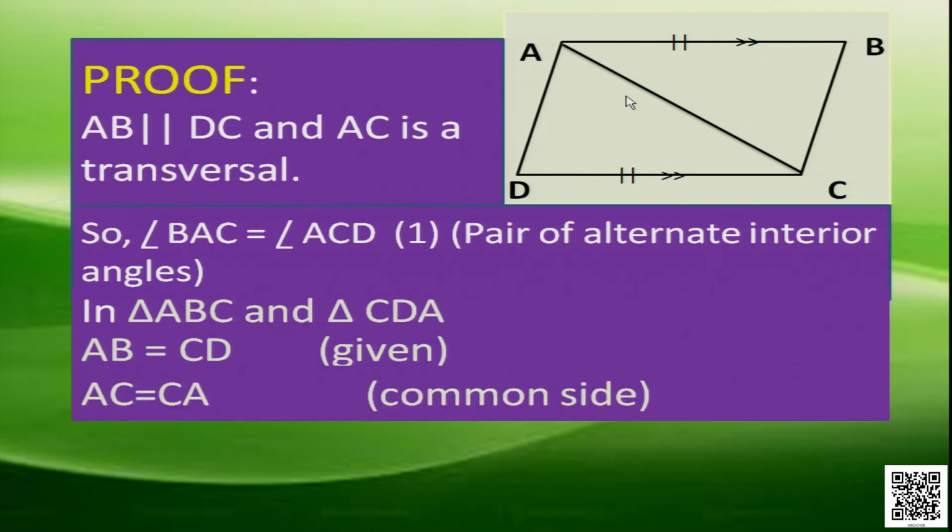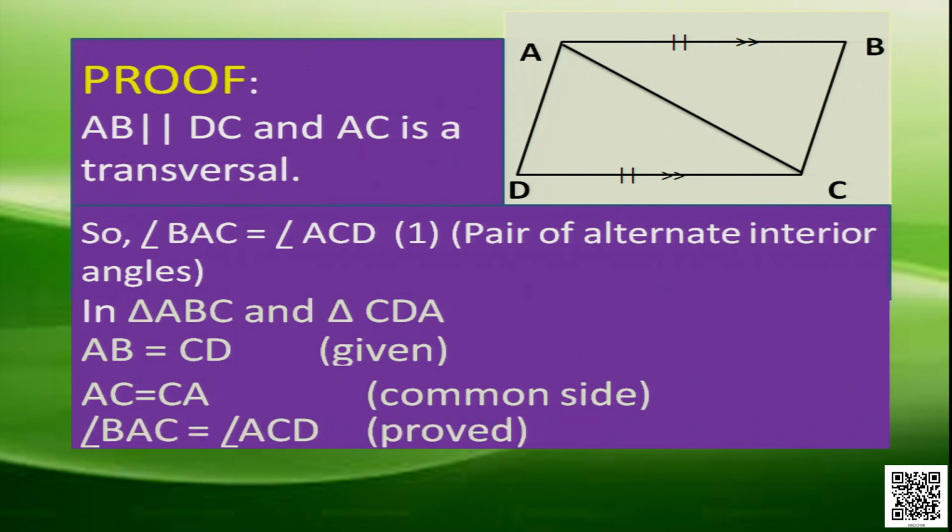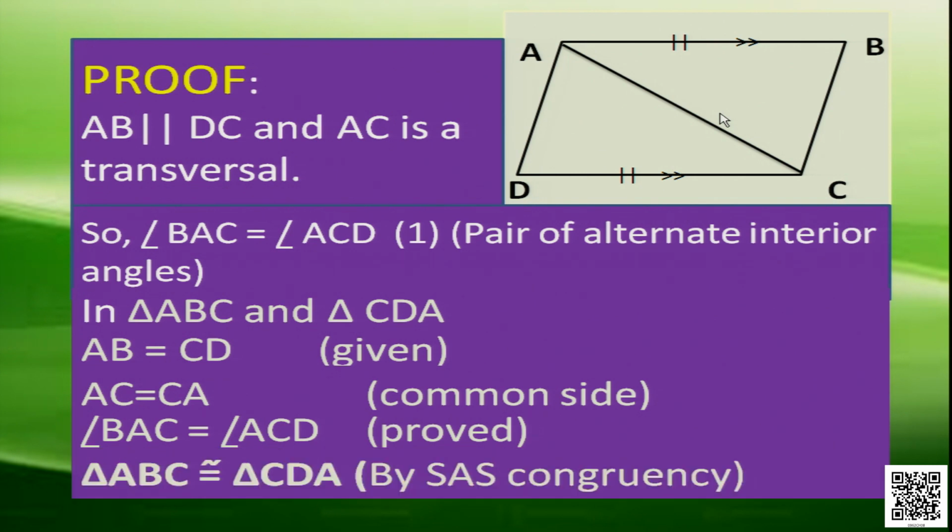AC and CA is the common side to both the triangles. And also we just proved that angle BAC is equal to angle ACD. So these two triangles are congruent by side angle side congruency.